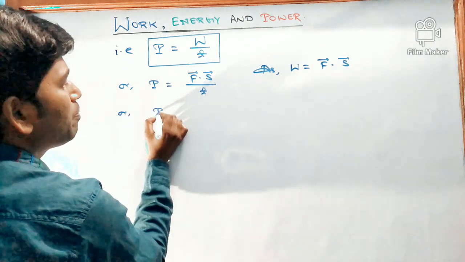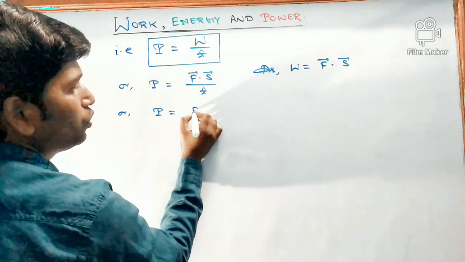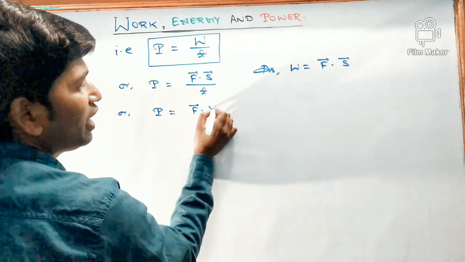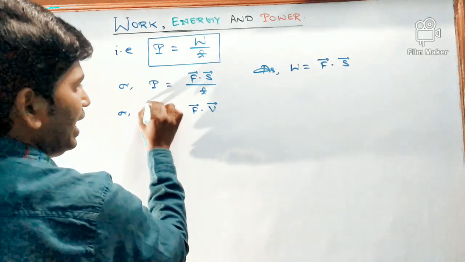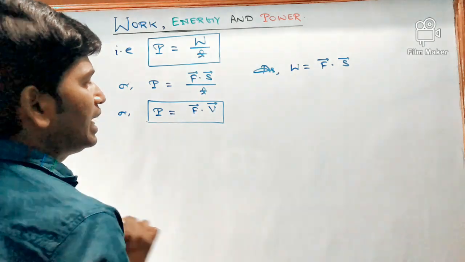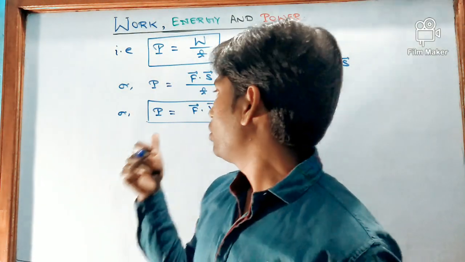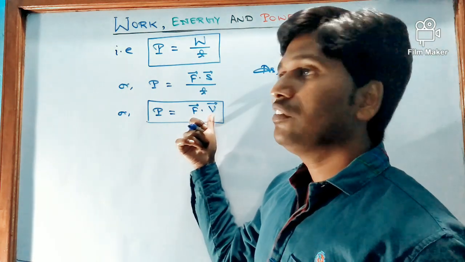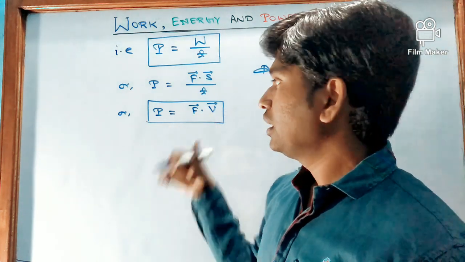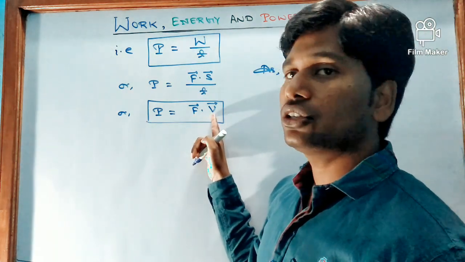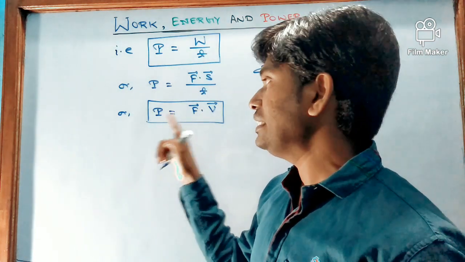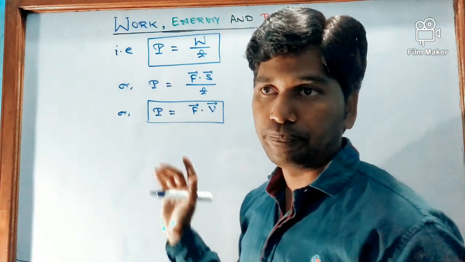So we can write power is equal to force dot average velocity, and we can also say that power is the dot product of force and velocity vector. As it is the dot product, therefore power is a scalar quantity.